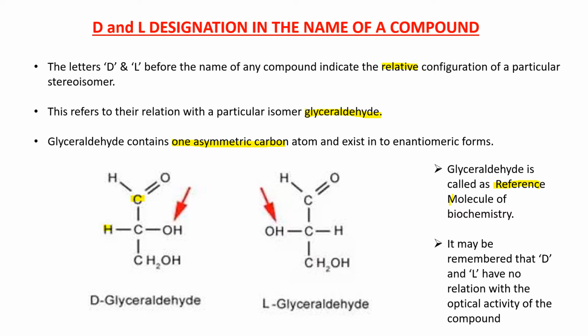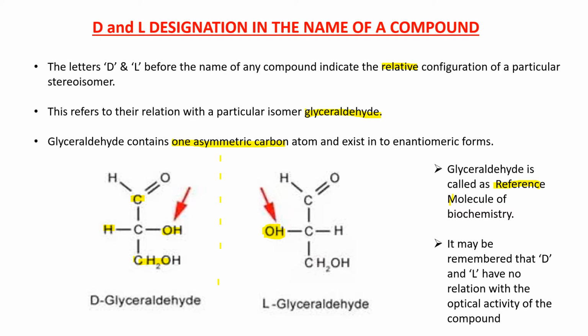You can see here this carbon has one aldehyde group, one hydrogen atom, one hydroxyl group and one alcohol group. Now if we take the mirror image of this compound, it will form this molecule, where you can see the OH comes in front of this OH.